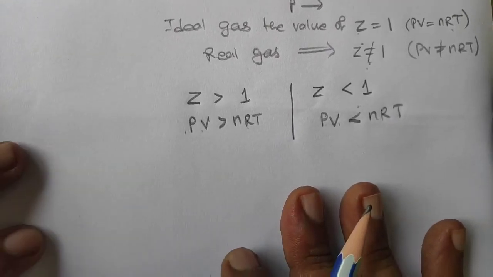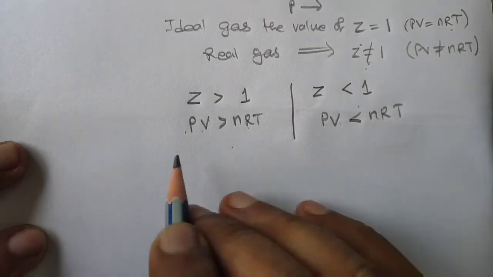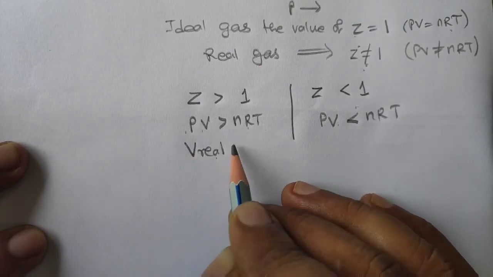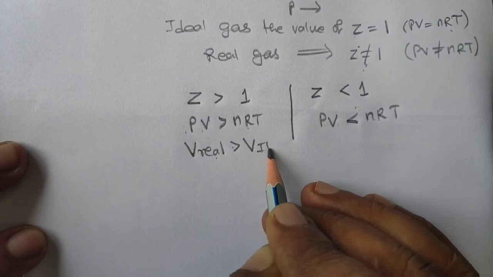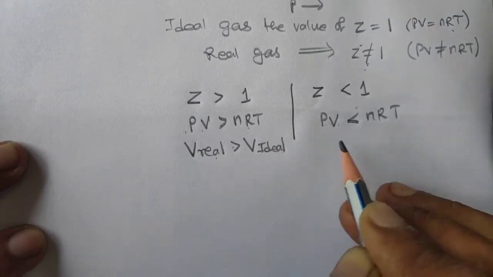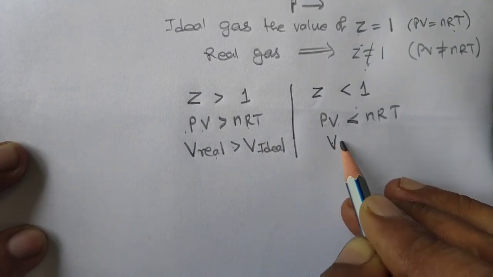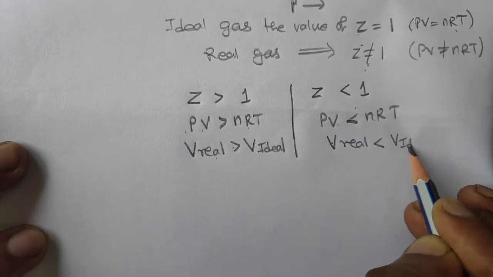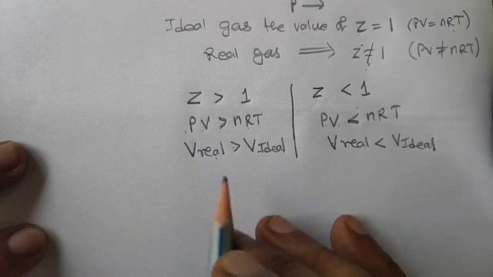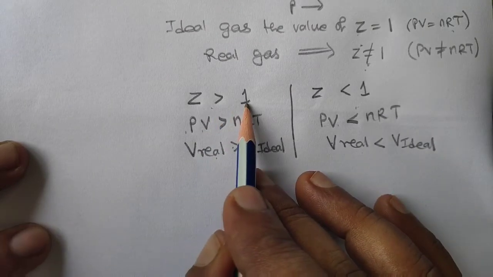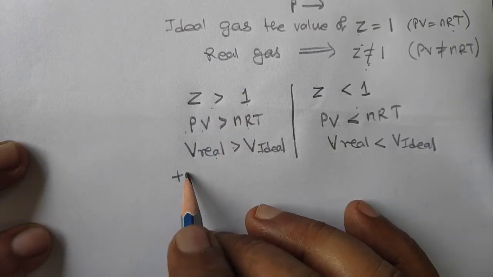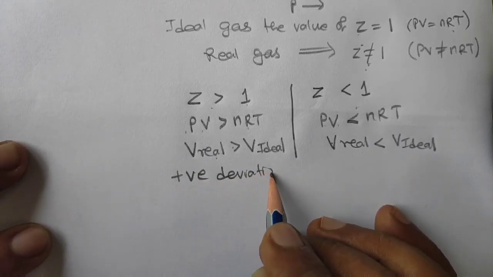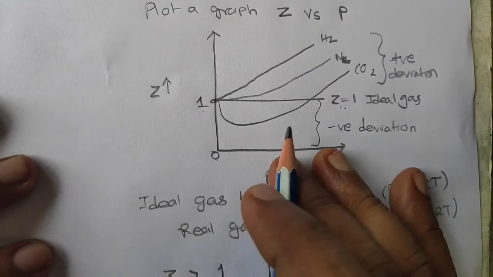So for these two conditions, in the first case the volume of a real gas will be greater than the volume of an ideal gas. In the second case the volume of a real gas will be less than the volume of an ideal gas. For Z greater than 1, it will be a positive deviation.